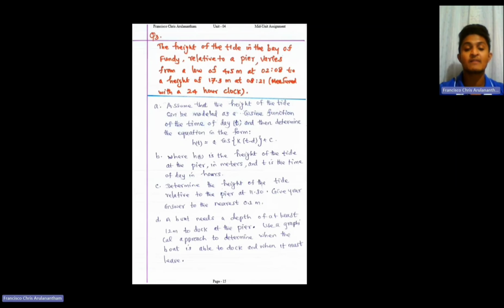Part C: determine the height of the tide relative to the pier at 11:30. Give your answer to the nearest 0.1 meter.